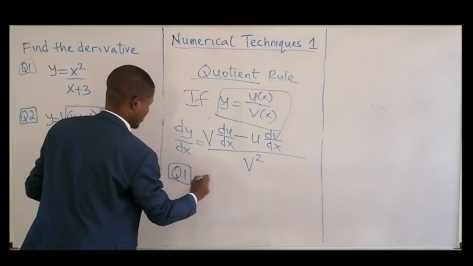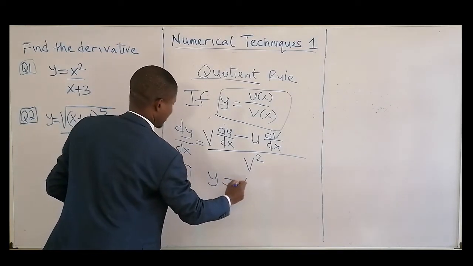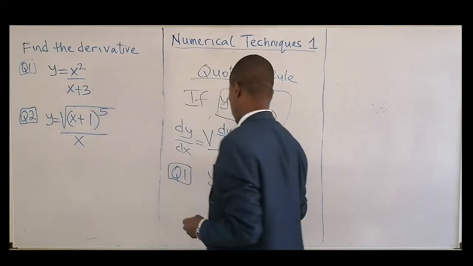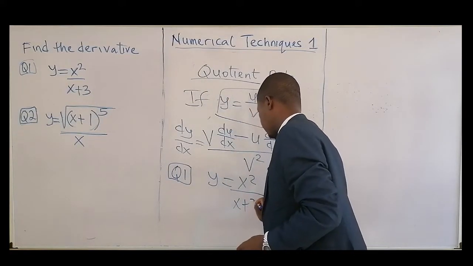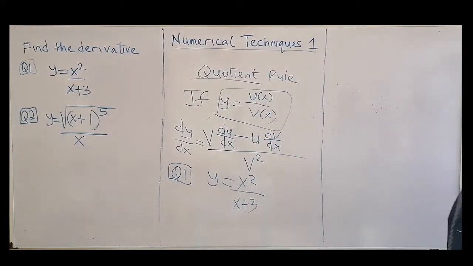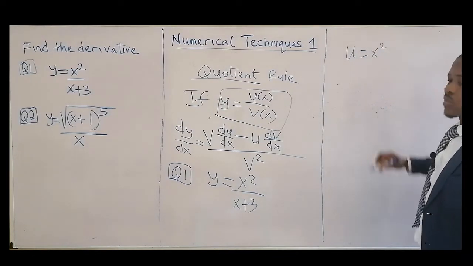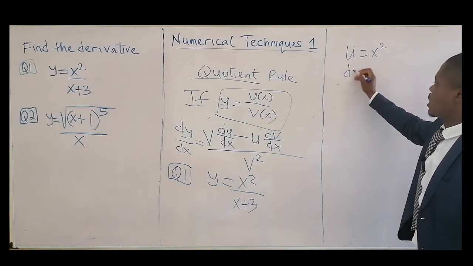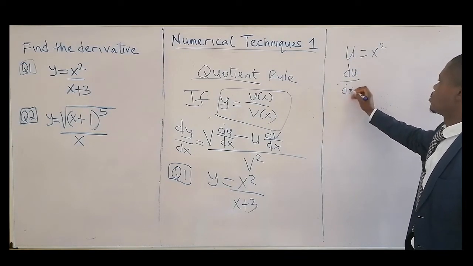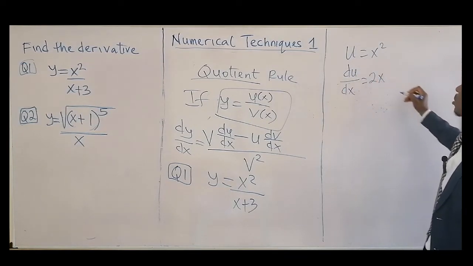Question 1: we have y equals x squared all over x plus 3. The u in this case is x squared, so du/dx is 2x.